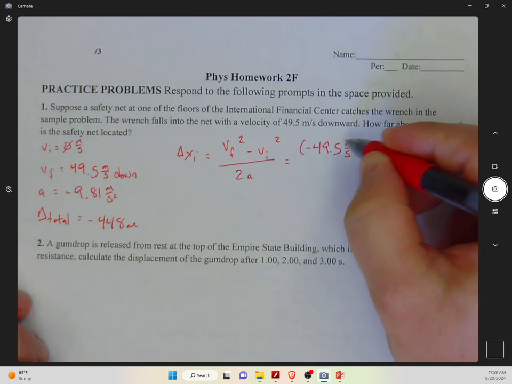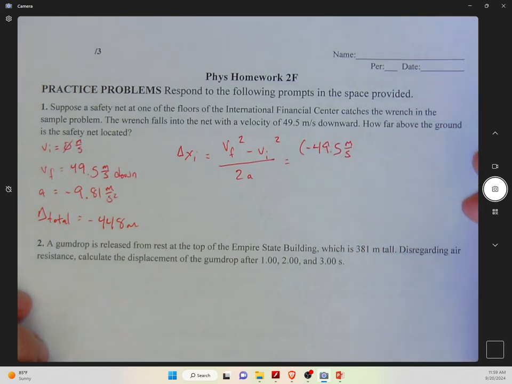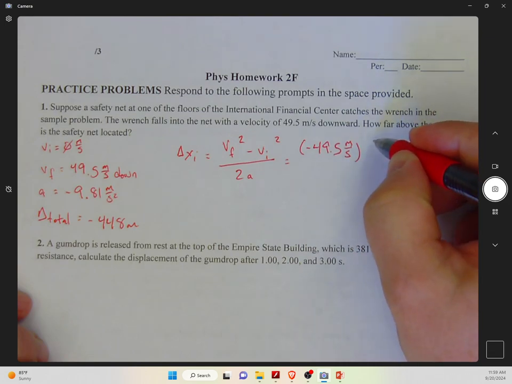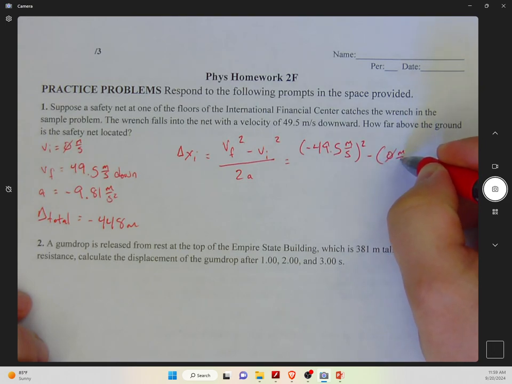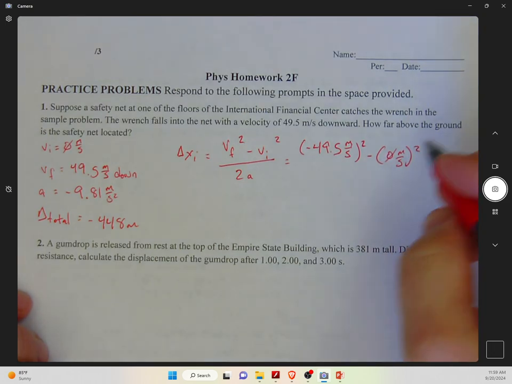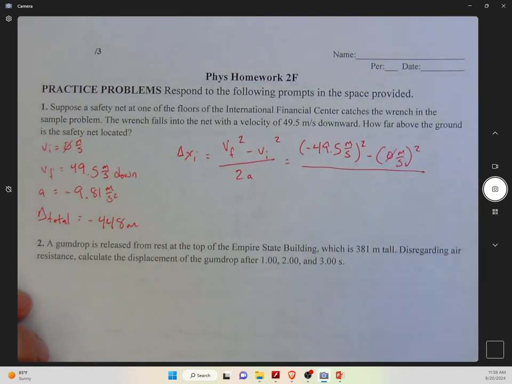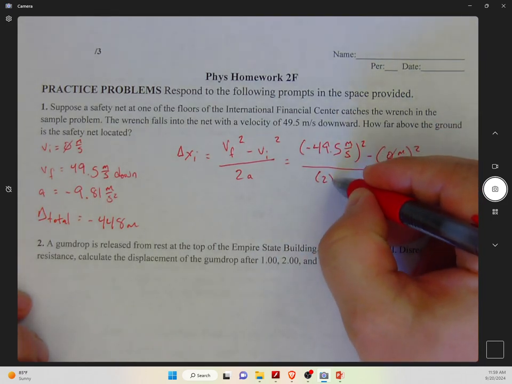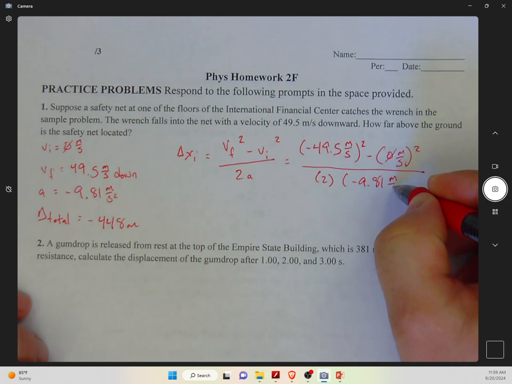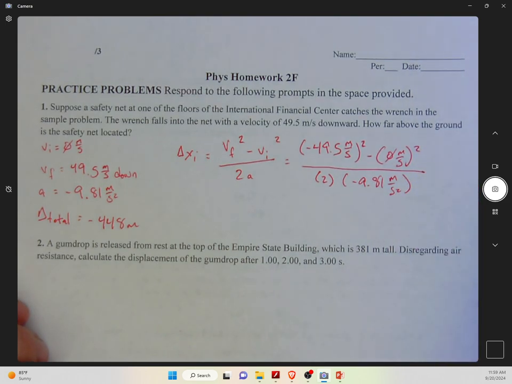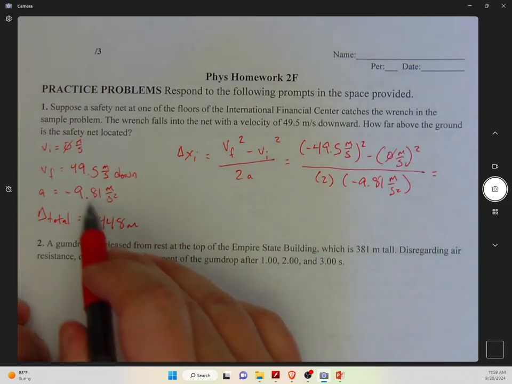It's downward, and so the way we represent that in our calculations is as a negative number. Again, that's squared. Don't forget that, because that will mess you up. 2 multiplied by my acceleration. Boom. And then I want 3 sig figs.